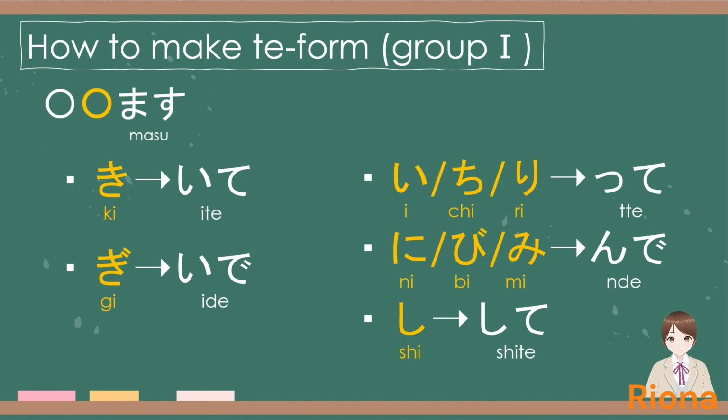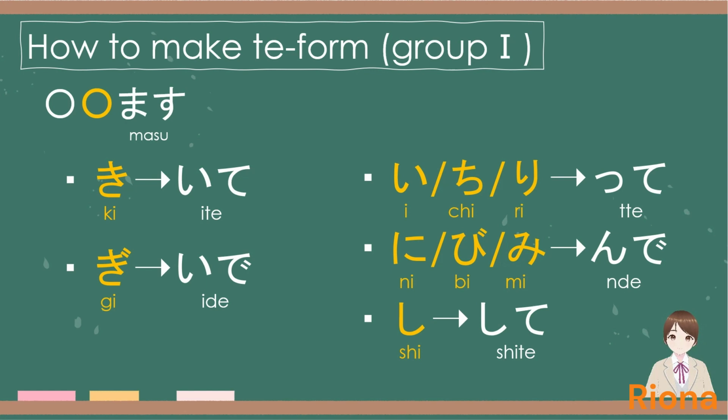If the character before mas is i, chi, or ri, change i, chi, ri to te and remove mas, please.